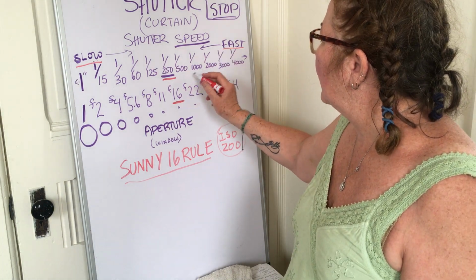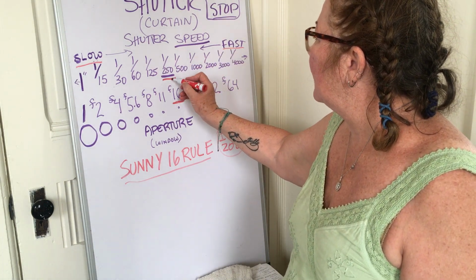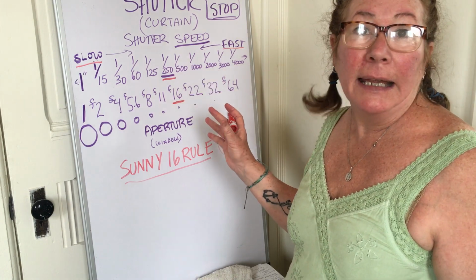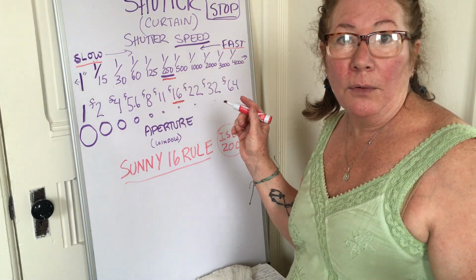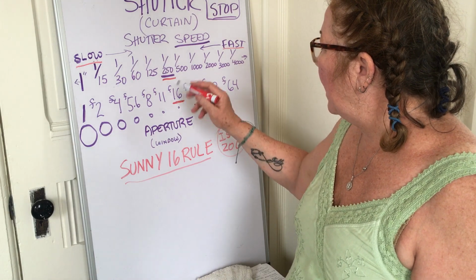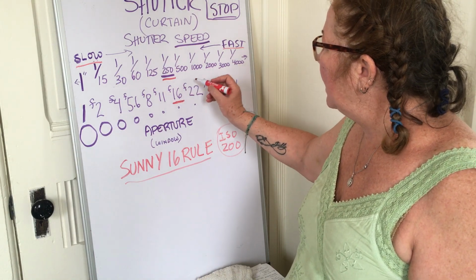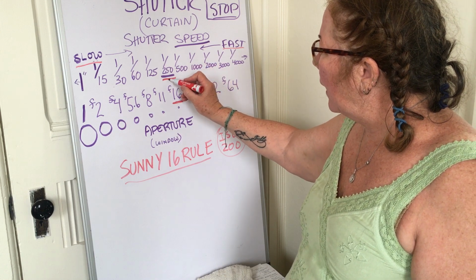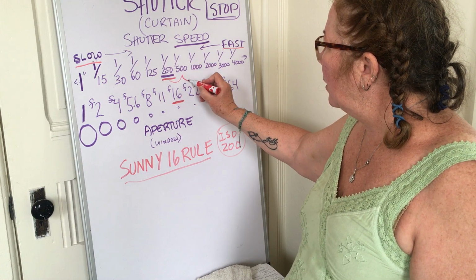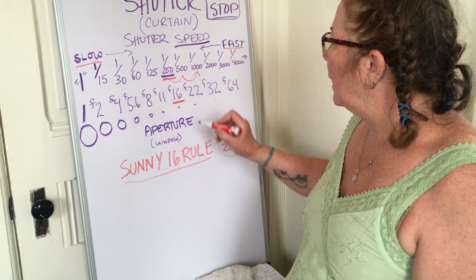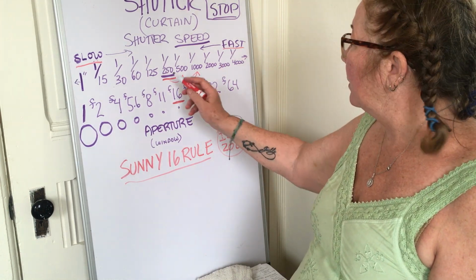So I want to use a faster shutter speed than 1/250th of a second. And it's a nice sunny day out, so I don't have to worry about any adjustments from the Sunny 16. So I want to freeze motion, so I'm going to move my shutter to 1/1000th of a second, right?